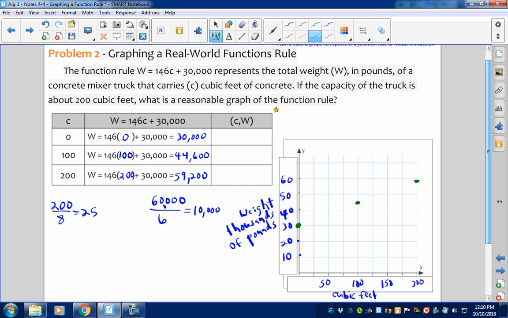I could draw a line through there. And that's a graph to represent that real world function rule. Just connect those dots after you plot the points and you got it.